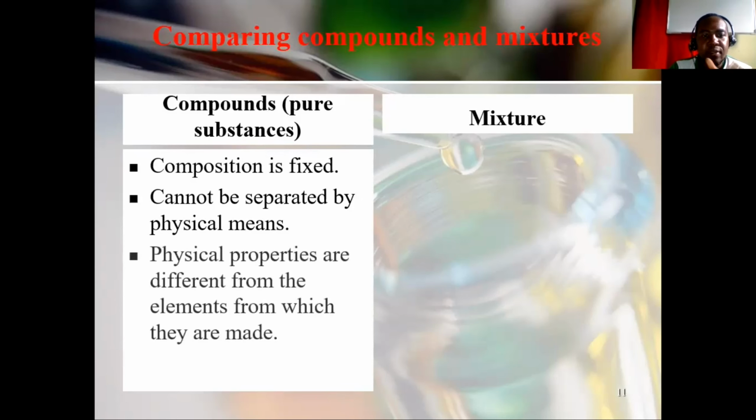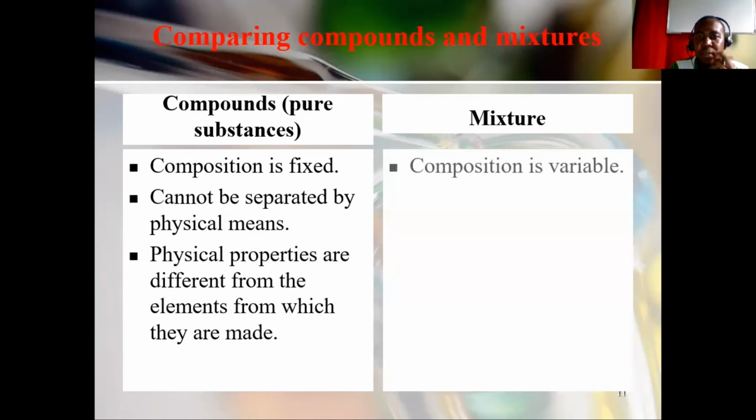All right, so the physical properties are different from the elements that they're made from. So the Na and Cl, their physical properties are different when they actually create that salt. Right, and for mixtures, the composition varies. So it's just like mixing your juice.